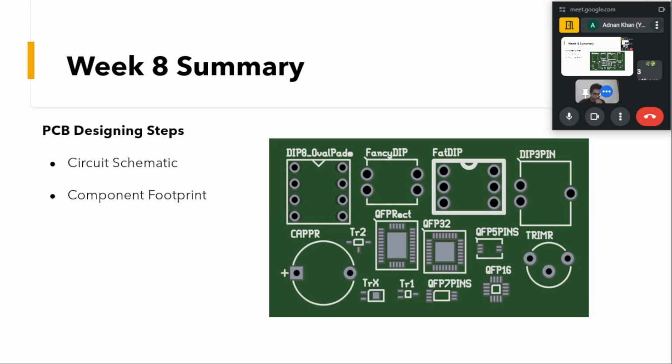If the footprint is not correct, then there can be some misalignment and we won't be able to solder that component on the PCB itself. So we have to take care of this component footprint and add the appropriate footprint for a particular component.